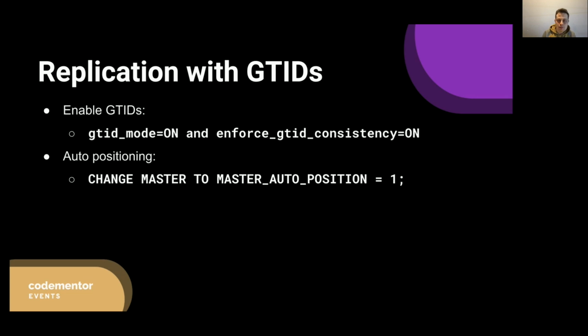It's easy to install it from the very beginning rather than migrating from the old positioning and offset approach. So probably you want to set GTID mode on and enforce GTID consistency on. And then you can forget about the log file and log position, and use master auto position instead of that.